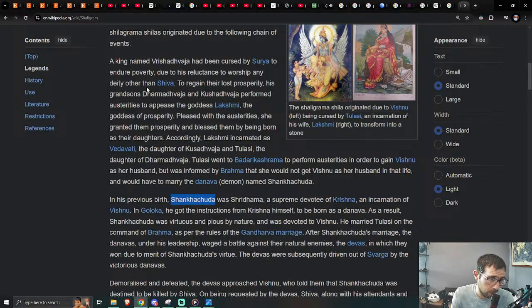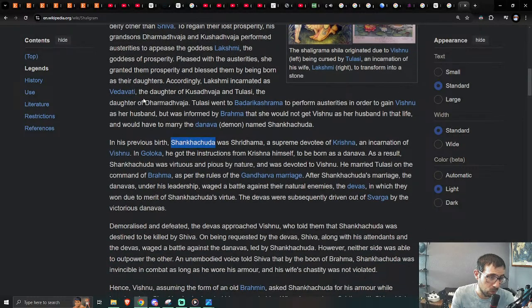To regain their lost prosperity, his grandsons, Dharma Dhvaja and Kusha Dhvaja, performed austerities to appease the goddess Lakshmi, the goddess of prosperity. Pleased with the austerities, she granted them prosperity and blessed them by being born as their daughters. Accordingly, Lakshmi incarnated as Vedavati, the daughter of Kusha Dhvaja, and Tulasi, the daughter of Dharma Dhvaja.